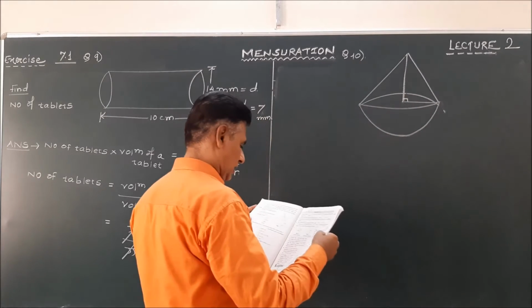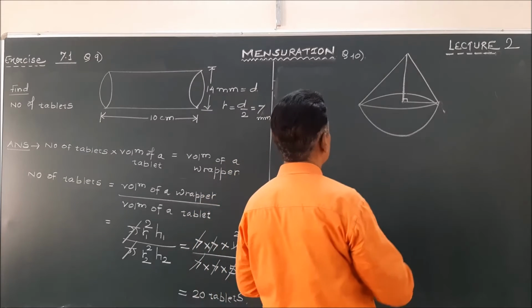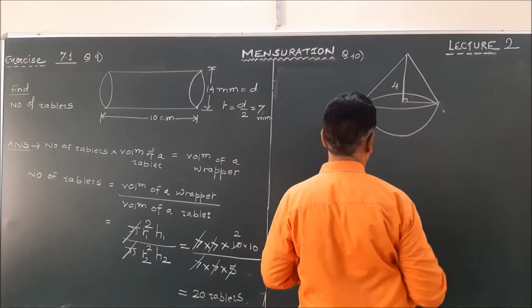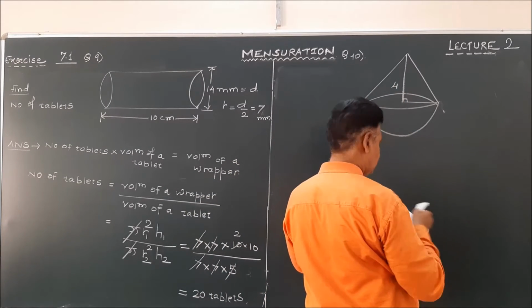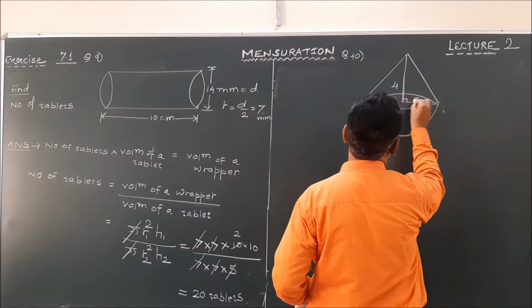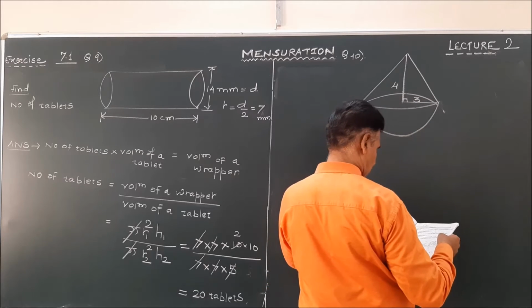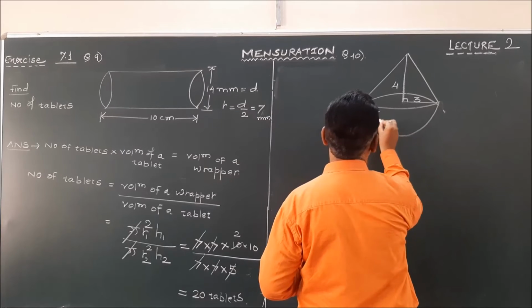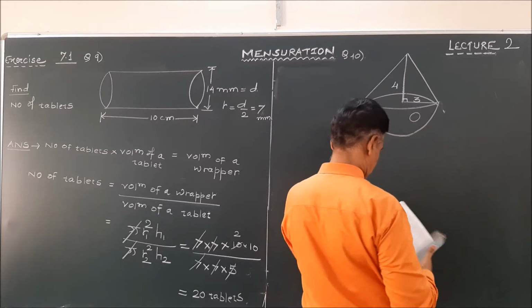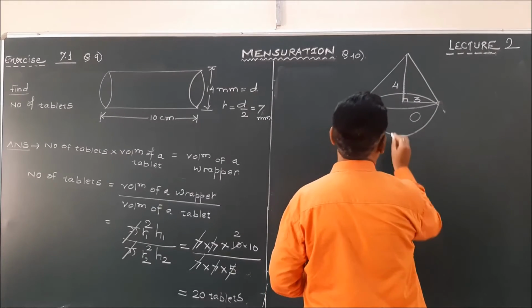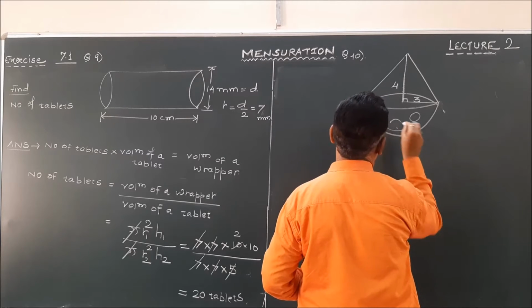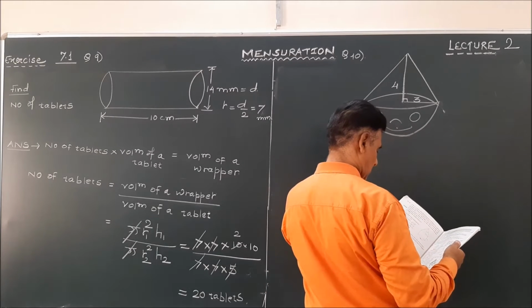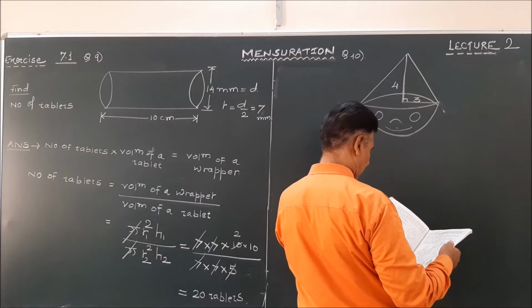The height of this conical shape is given as 4, and its radius is given as 3.